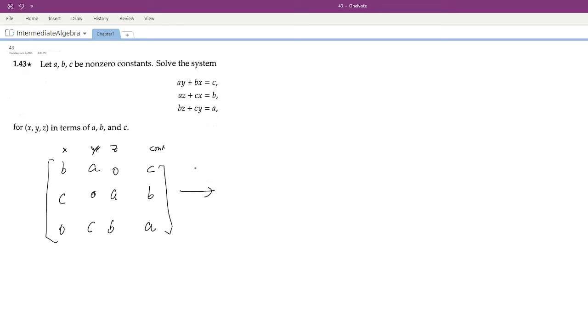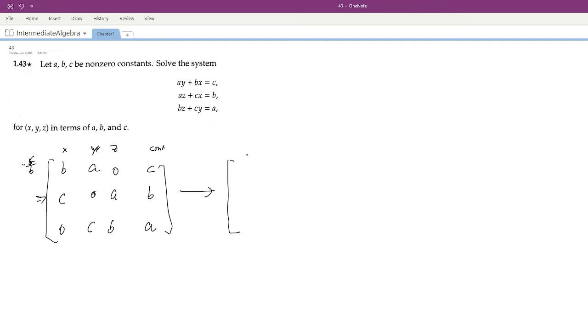Okay, now let's do some elimination. The first is I want to eliminate this C. In order to eliminate this C, we take the first row times C over B, then add the second row.